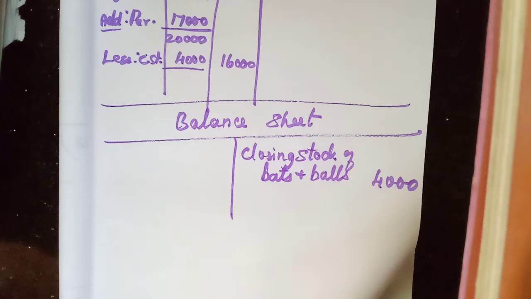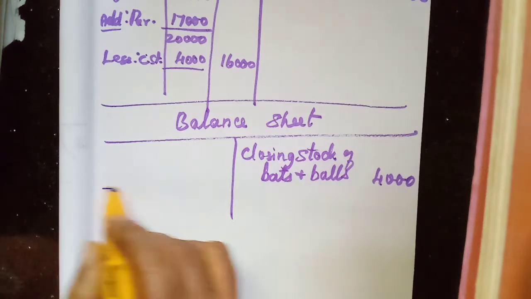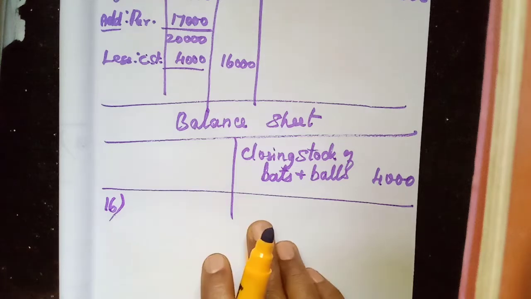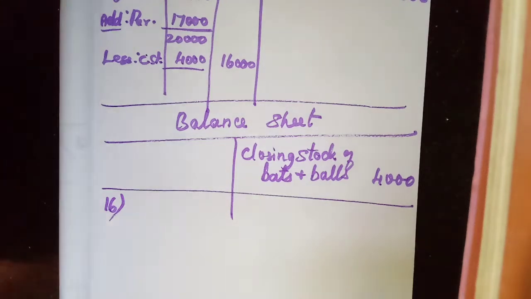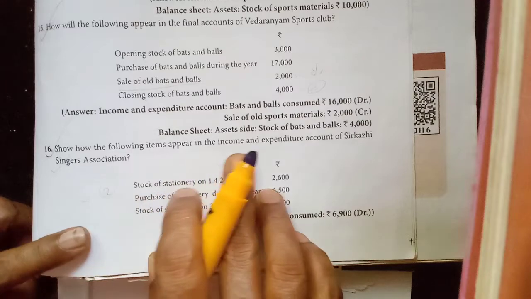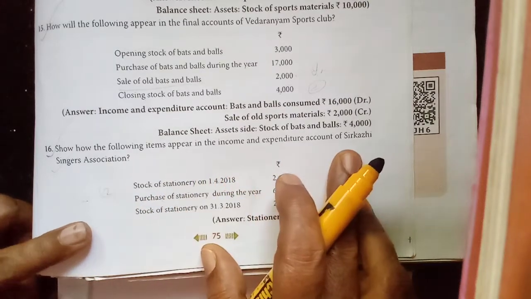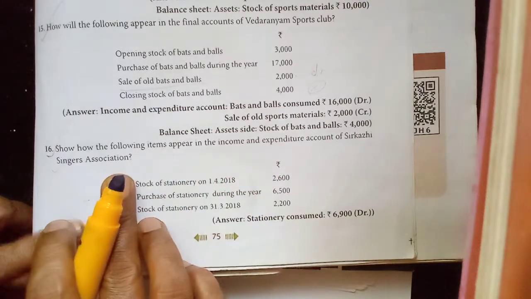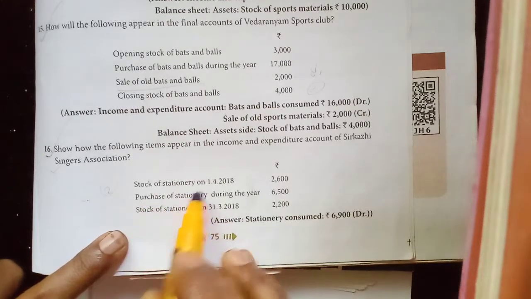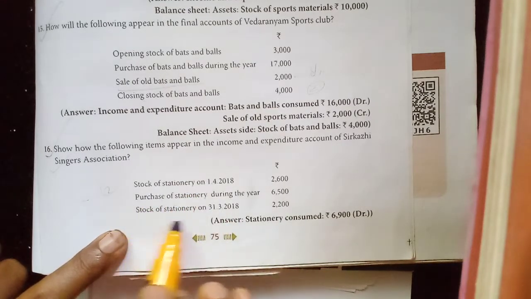Now, next problem. Okay, 16. Show how the following items appear in the income and expenditure account of Sirkali Singers Association. So, only one account they have asked. Opening stock of stationery, purchases made, closing stock.